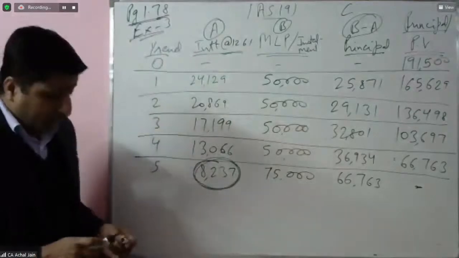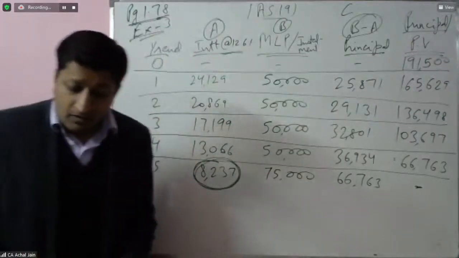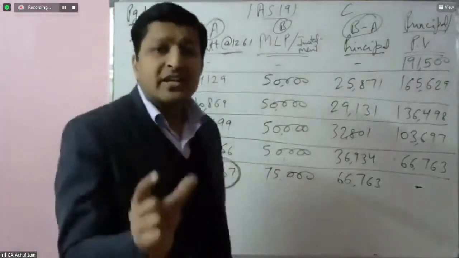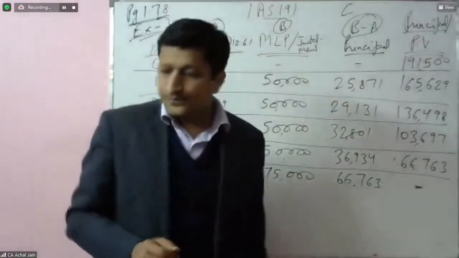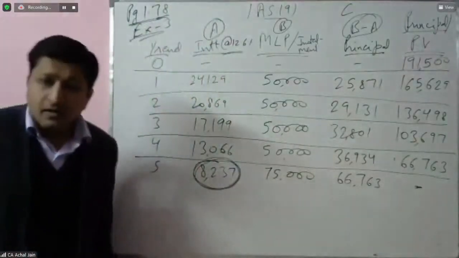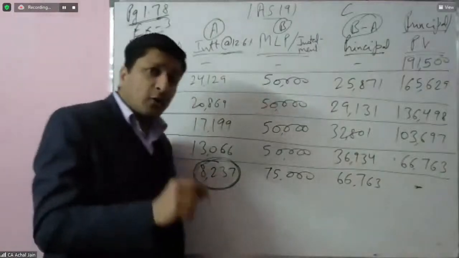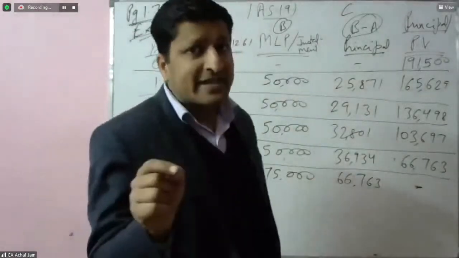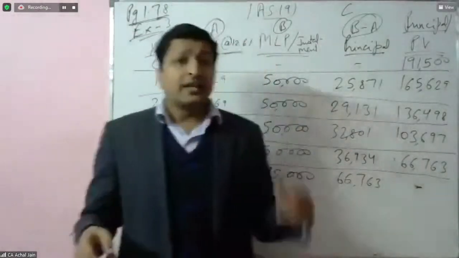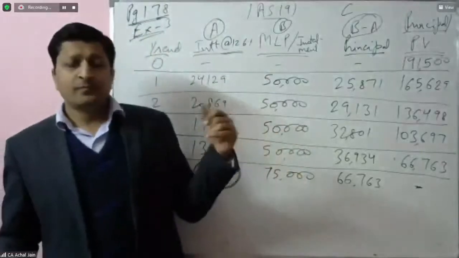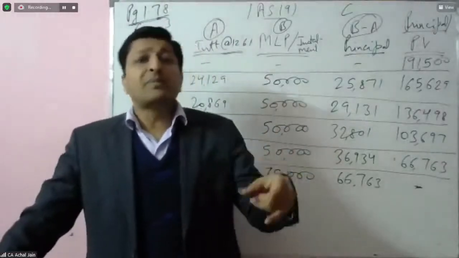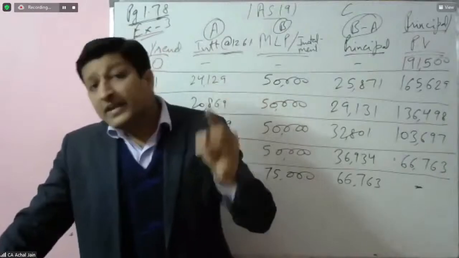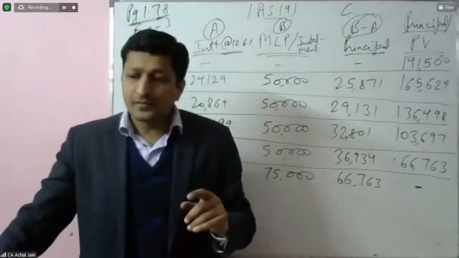Now, with the help of this data, we will also put the amounts in the accounting entries. If you remember, we passed the accounting entry in the books of lessee in example 2, at the time of inception of lease.